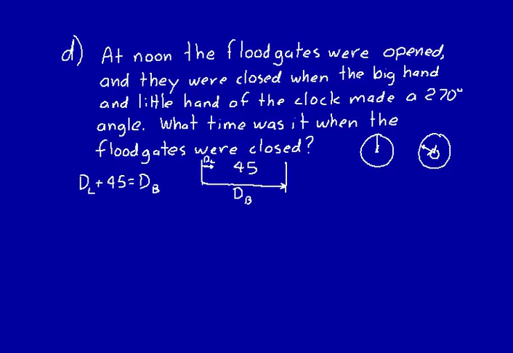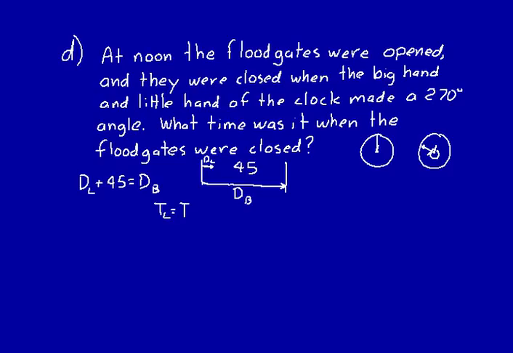Our question is, what time was it when the floodgates were closed? Well, we're trying to solve for time here. We know that distance equals rate times time. We can rearrange this and solve it in terms of time. Both of the big hand and the little hand are obviously moving for the same amount of time. So our times would be equal.